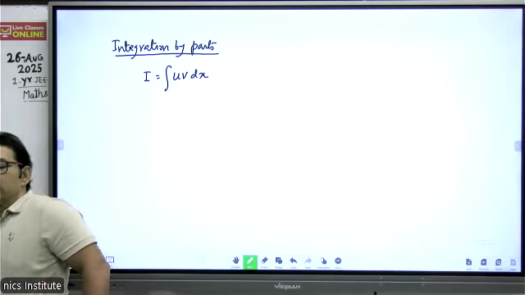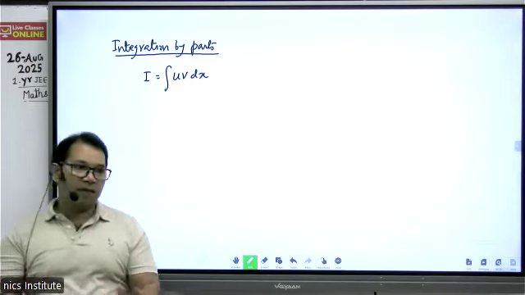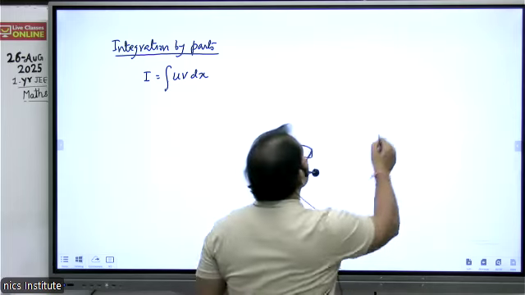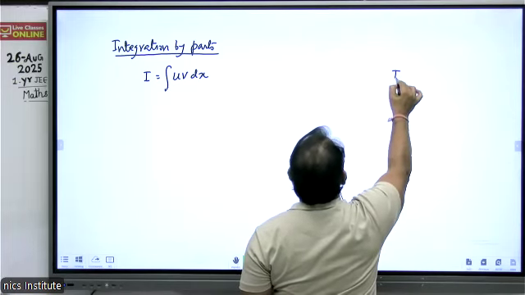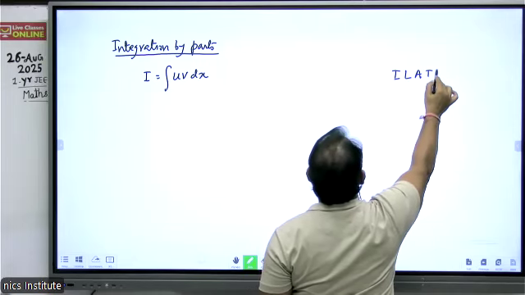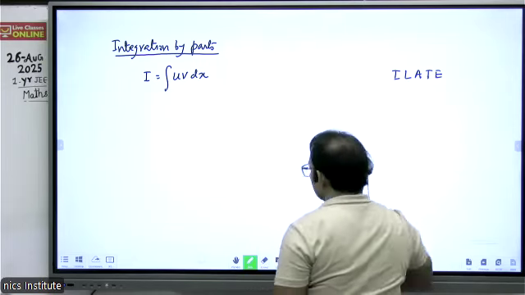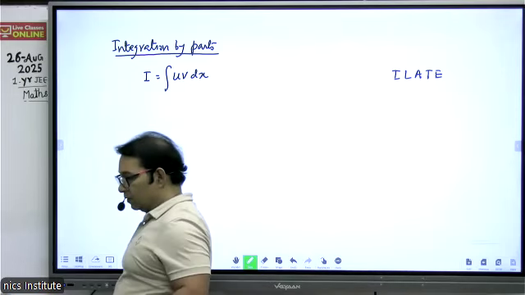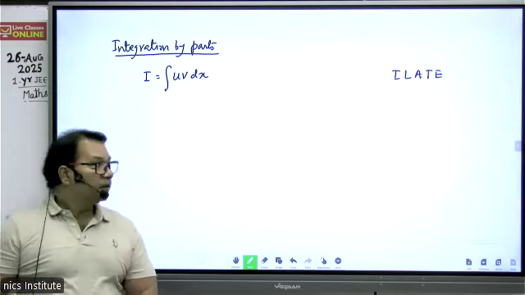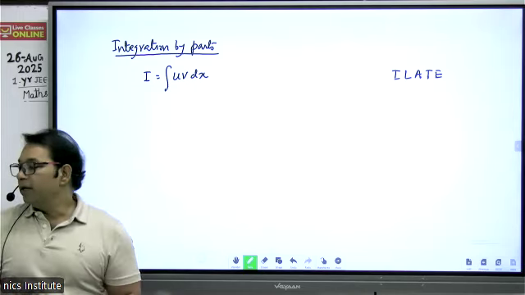There are two functions, u and v, which are multiplied and we want to integrate it. There are two different functions. They can be inverse, logarithmic, algebraic, trigonometric, and exponential. I stands for inverse, L for log, A for algebraic, T for trigonometric, and E for exponential.